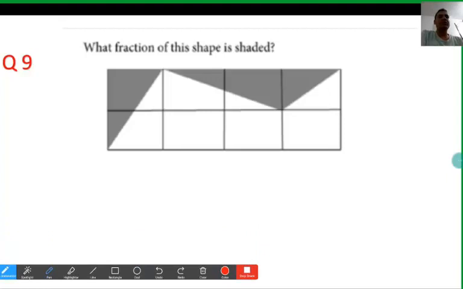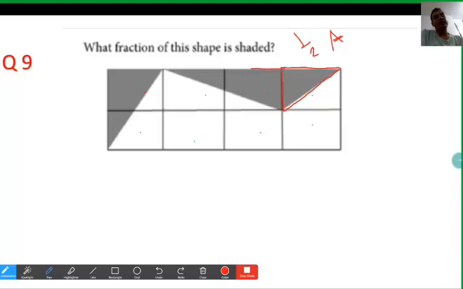What fraction of this shape is shaded? Look here. This shape has 1, 2, 3, 4, 5, 6, 7, 8 equal rectangles. Right. If you notice here, the first part of the shaded area is half of the area of the triangle.